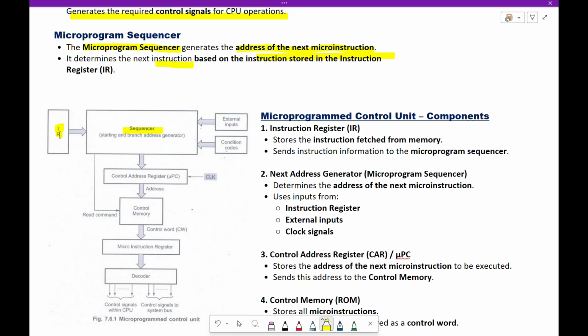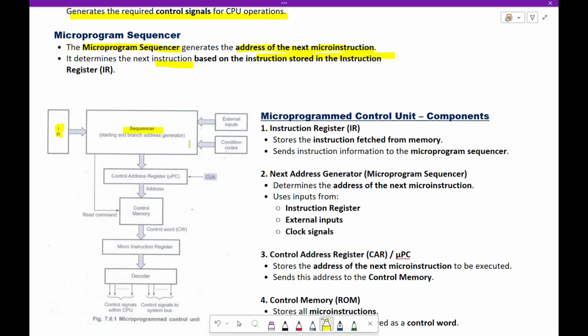The instruction register consists of the instruction which is loaded from memory, and it is sent to the sequencer and branch address generator.